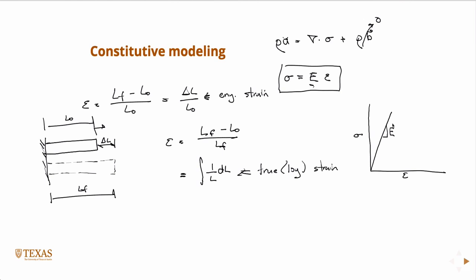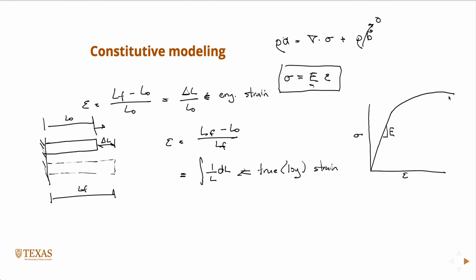So real materials, and we'll see this later in the course, including rocks specifically when they're under confinement pressure, actually have significant nonlinear behavior at large strains, right? So this linear elastic portion is only for very small strains, usually on the order of a fraction of a percent, maybe 1 or 2% at the most strain, right?